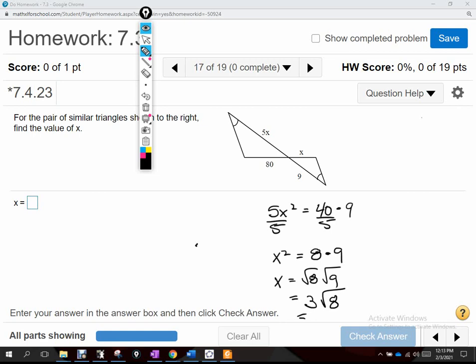When we simplify a radical, we are looking for the largest perfect square that divides the radicand evenly, meaning I get a result of 2, or 3, or 4, or 5. That would be dividing something evenly. Does that make sense?